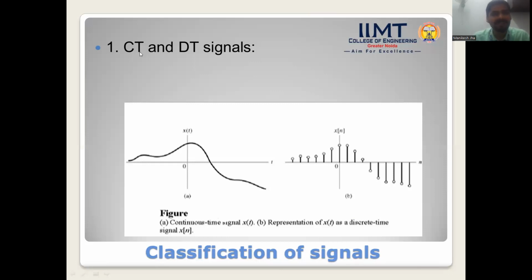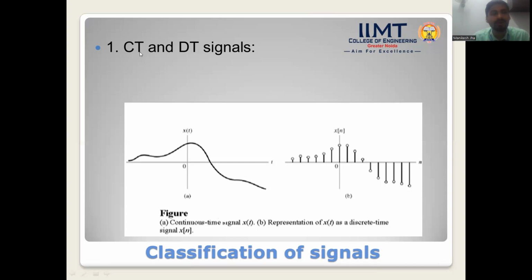Discrete time signals are those signals which give you values that exist only at integer values of time. They do not extend for all values of time. They exist only at integer values of time, that is t equals 1 second, 2 seconds, 3 seconds, 4 seconds, like that. If anybody asks what the value of a discrete time signal is at 2.5 or 2.4, we say the value will be 0, because a discrete time signal cannot exist at a decimal value.